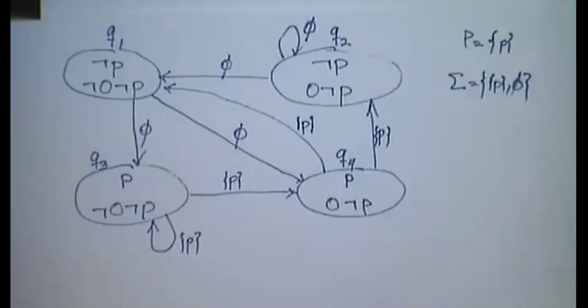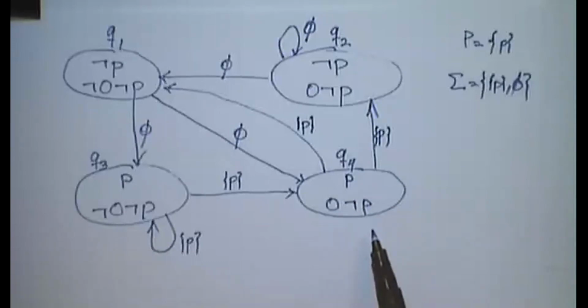Okay, so now, what do we have here? We have an automaton, but we still don't have the accepting conditions, and we also do not have the starting state. So we don't know which states are initial states. But if I start at Q4, for example, what I know is that I will only accept strings that satisfy P and next not P. Why?